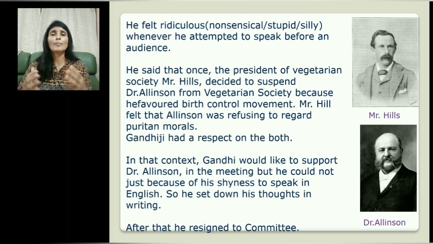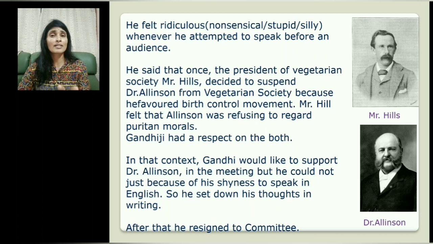Here, the president of the Vegetarian Society, Mr. Hills, decided to suspend Dr. Allinson from the Vegetarian Society because Allinson favored the birth control movement. Mr. Hills felt that Allinson was refusing to regard Puritan morals, so he decided to suspend him.